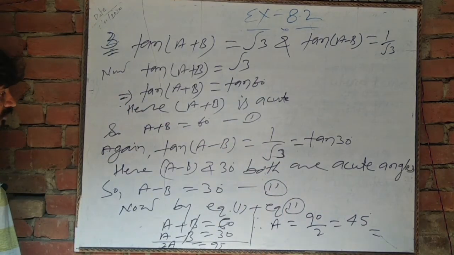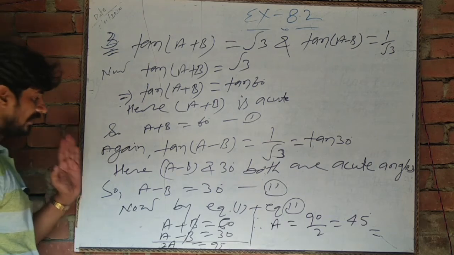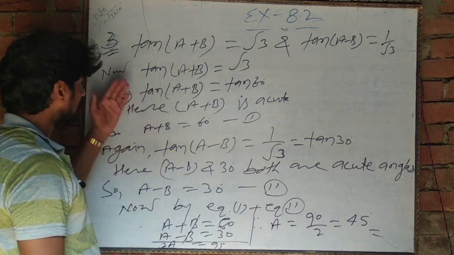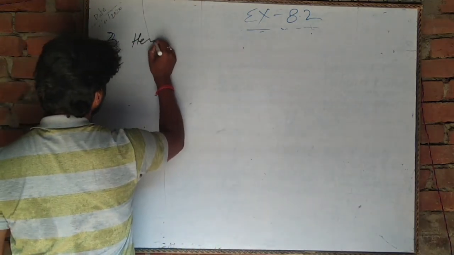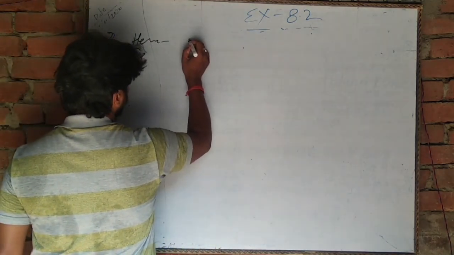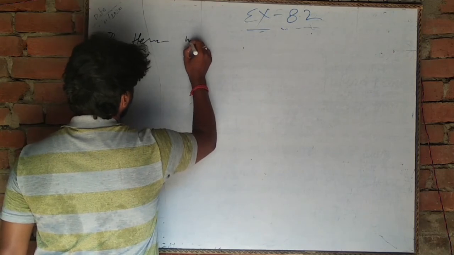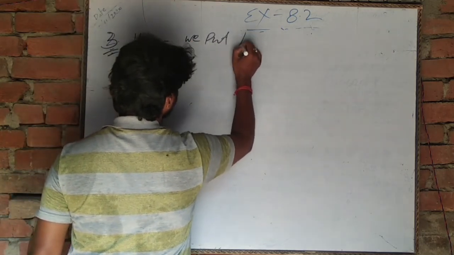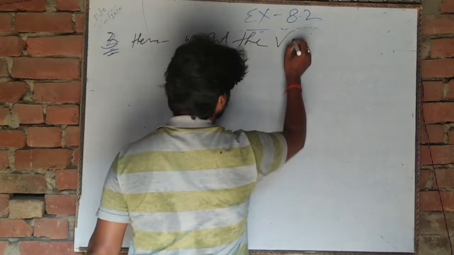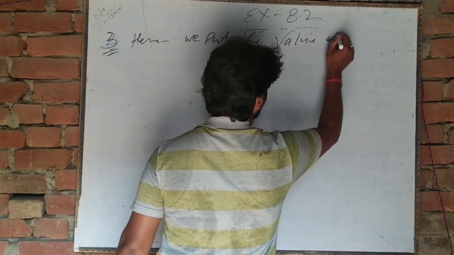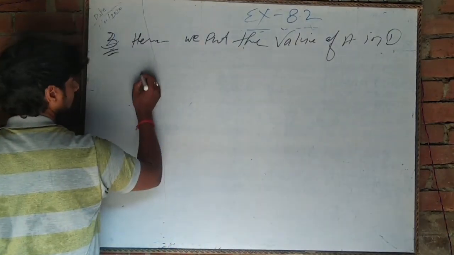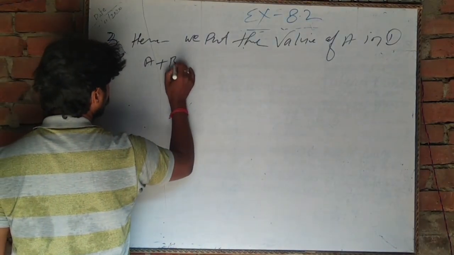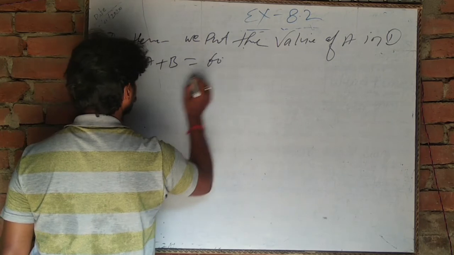Now we will put the value of angle A in equation first. A plus B equal to 60 degree.